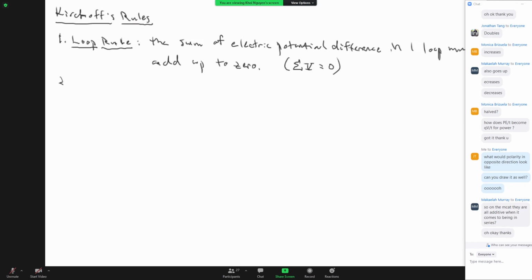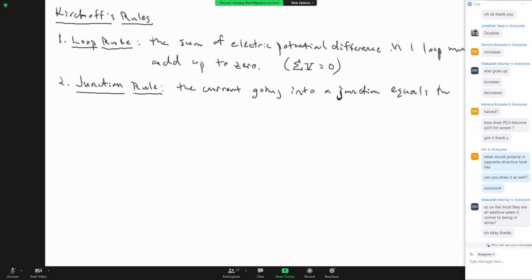The second Kirchhoff rule is called the junction rule. The junction rule simply states that the current going into a junction equals the current going out of a junction.